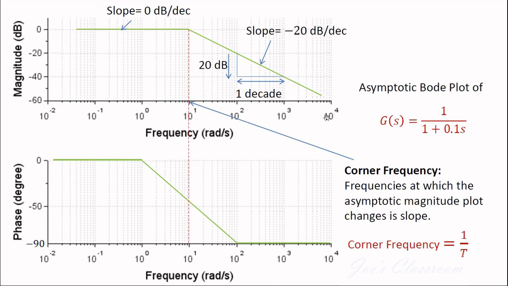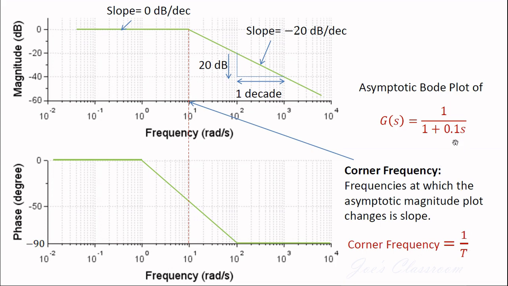And therefore, in general, I can define the corner frequency as the frequency at which the asymptotic magnitude plot changes its slope. And the corner frequency is going to be equal to 1 by t. Very important: the corner frequency is always equal to 1 by t.